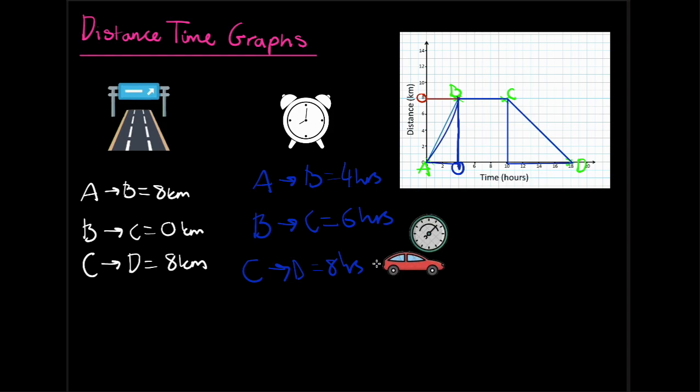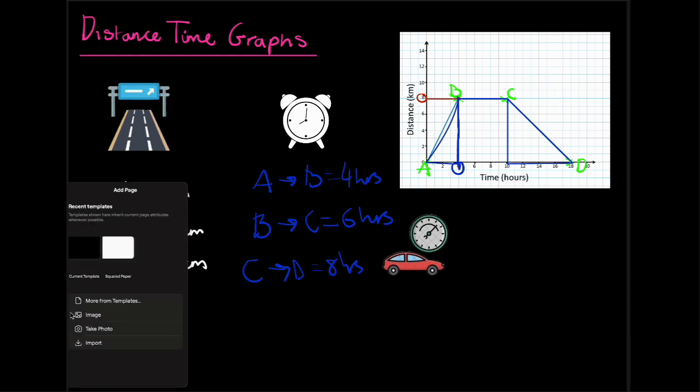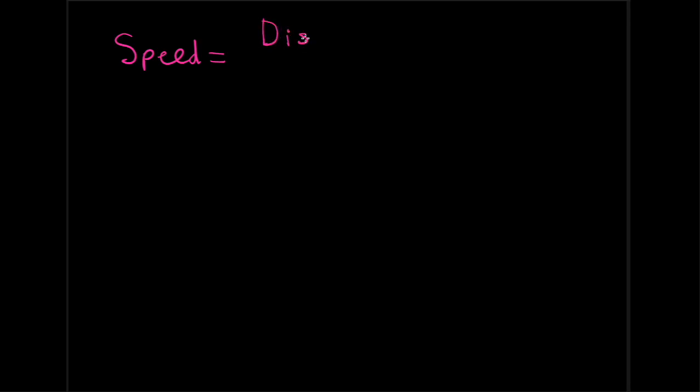Okay. So this is basically where the maths comes in. We will refer back to that, but I just want to make a quick comment. So speed, the thing we want to calculate in this video, equals distance over time. This is the formula we want to use today.